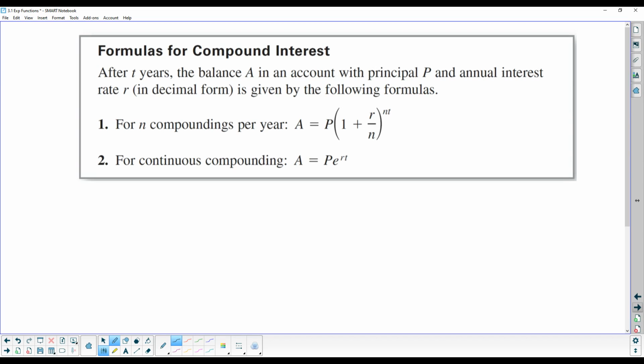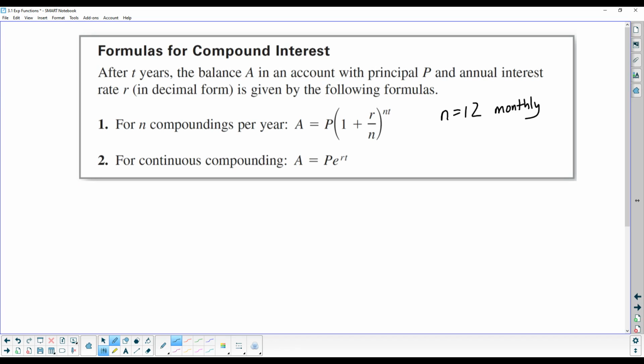Okay, the formulas for compound interest are these two. This one is if your compounding is happening at set intervals per year. So, for example, my bank account compounds monthly. So I would use n equals 12 for monthly.